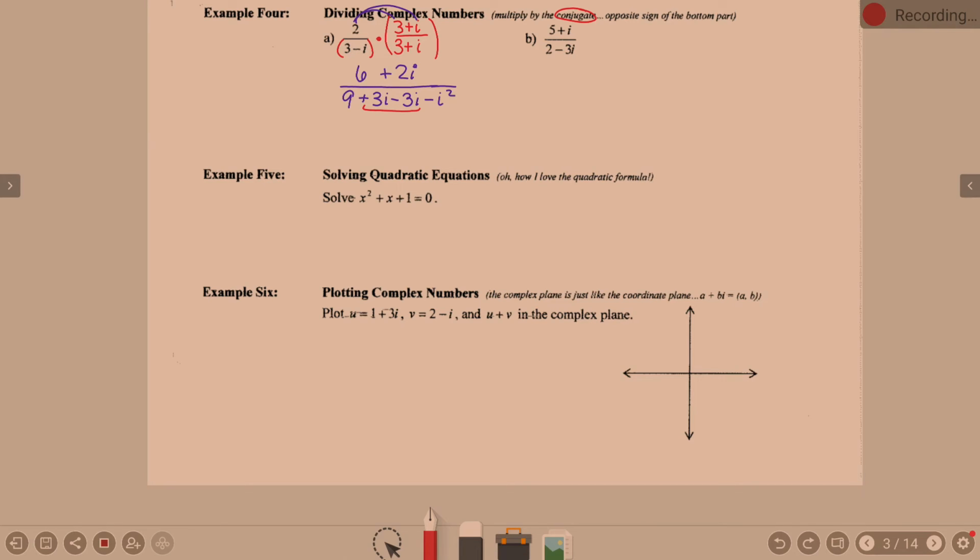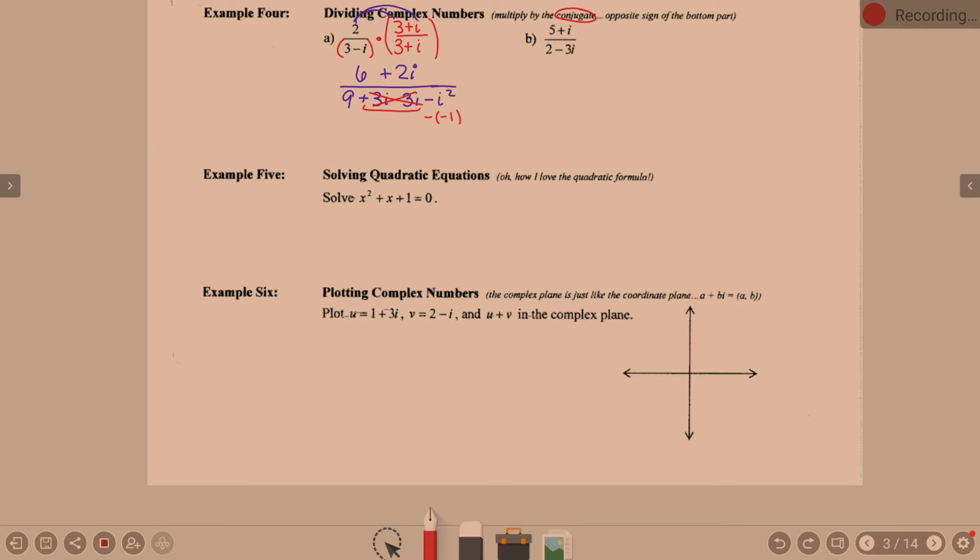Okay. On bottom, we just multiplied by the conjugate. If your middle terms don't cancel on the bottom, you've made a mistake. Okay? My 3i should be canceling. And then minus i squared is really going to be minus negative 1, right?